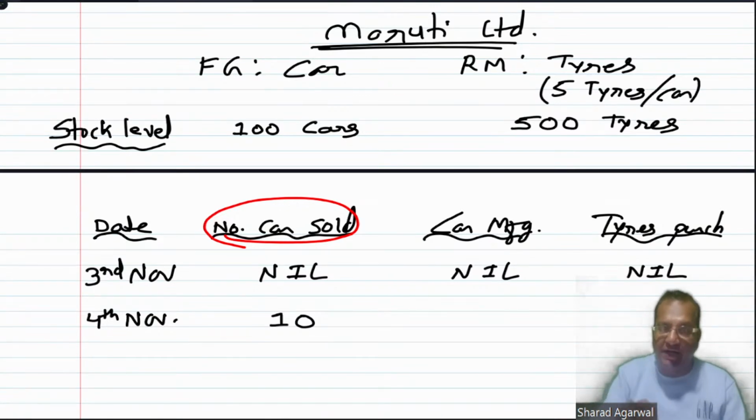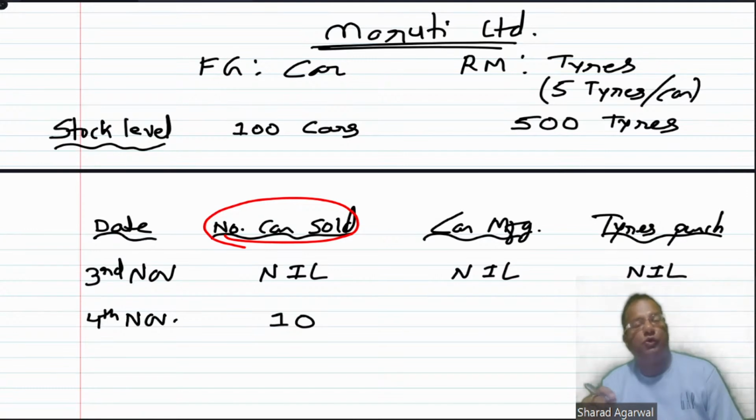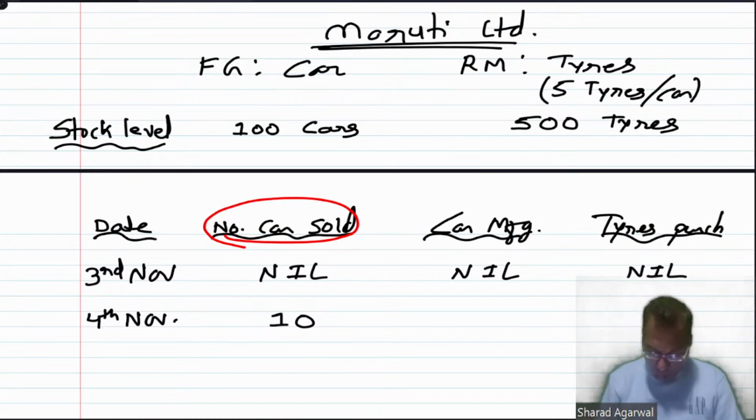Many times after JIT system you will find a word, TPS, Toyota Production System, because the originator of JIT is Toyota. So these are just numbers which I have given to you.